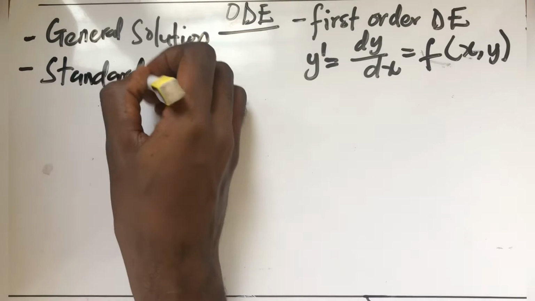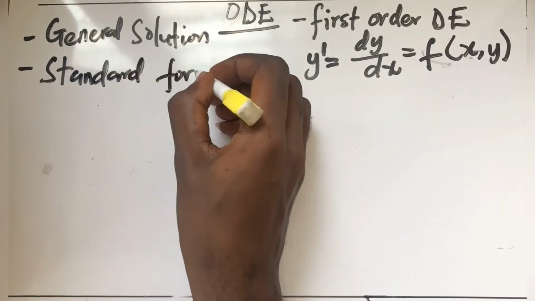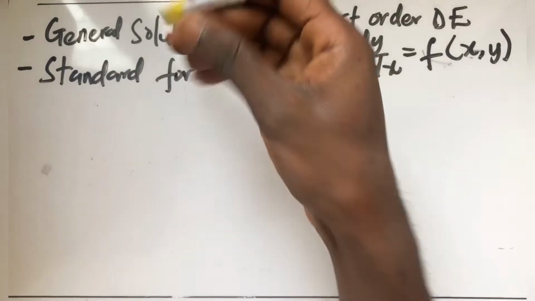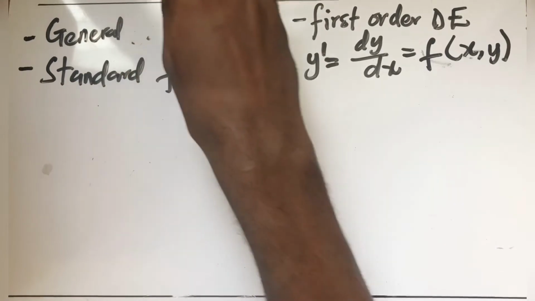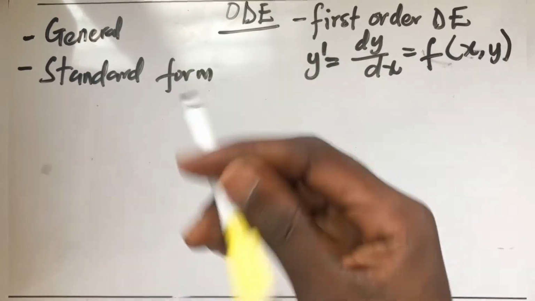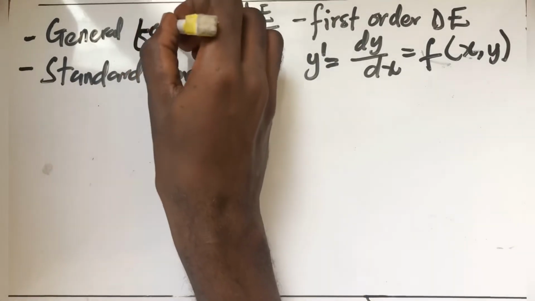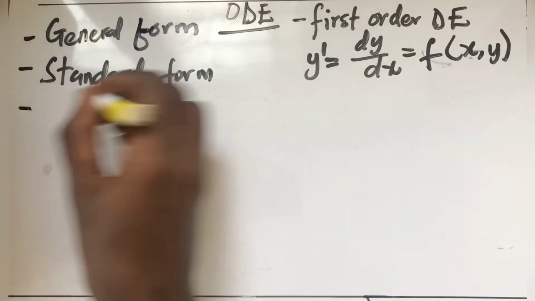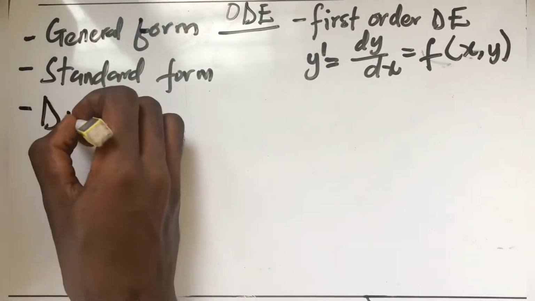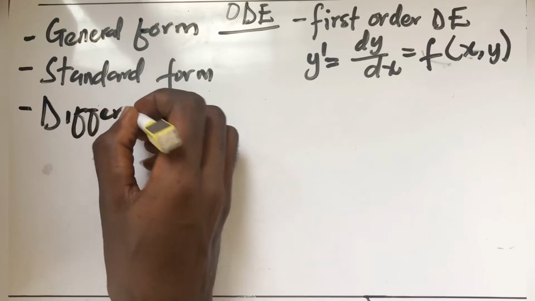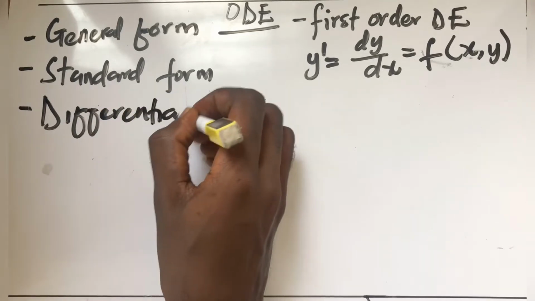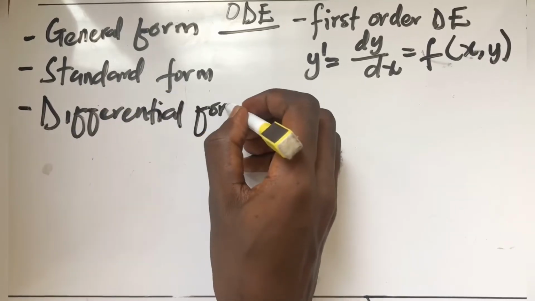Let me just put this in this form: let's say general form. And then the standard form, then we have the differential form.